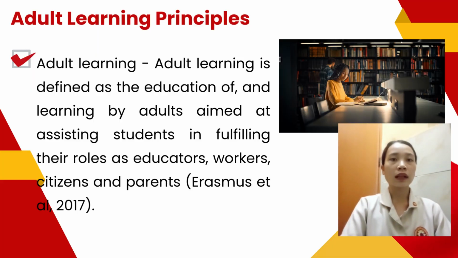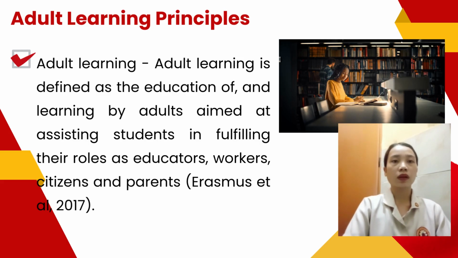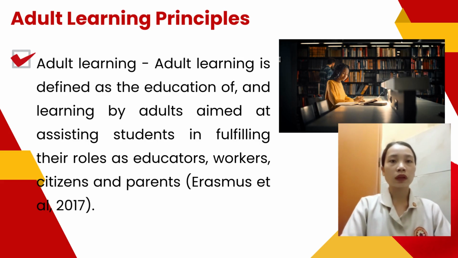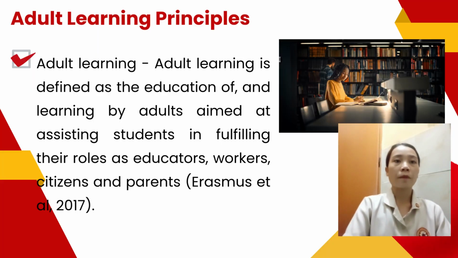Unlike children, adults usually learn with a specific purpose in mind, such as improving their work skills, being a better parent, or participating more effectively in their community. Adult learning can happen in many settings like schools, workplaces, online courses, workshops, or even through everyday experiences.